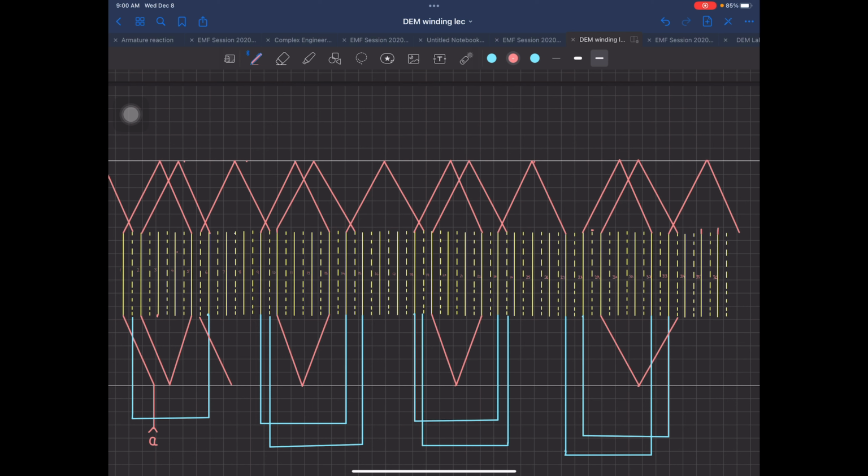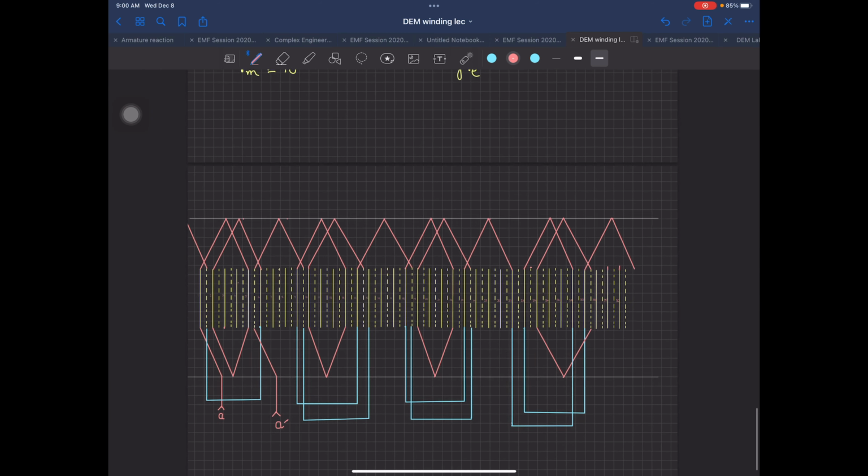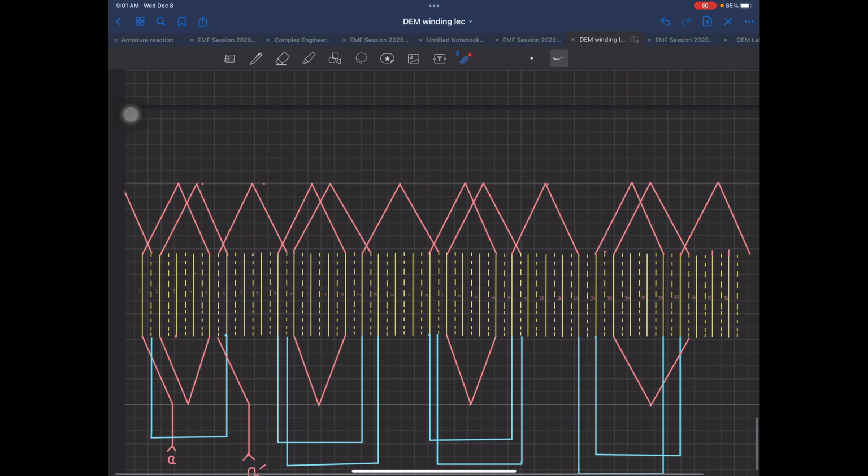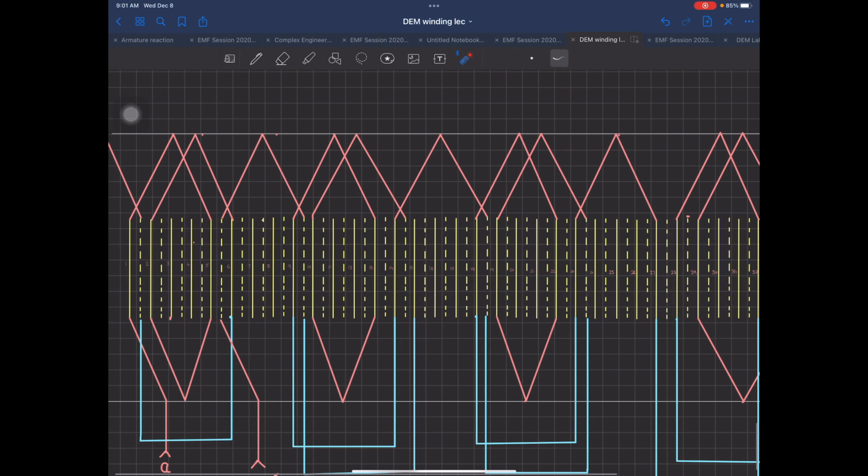I am just showing it over here as A dash. Now the good thing is this: 2 1 2 1 2 1 2 1. Symmetry is there. Now just to confirm it out, you are having everything over here.